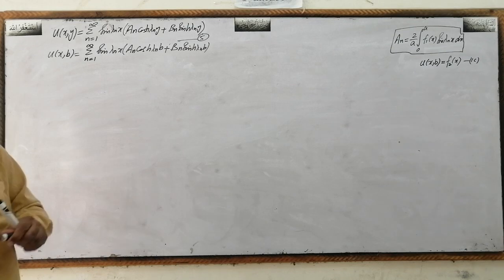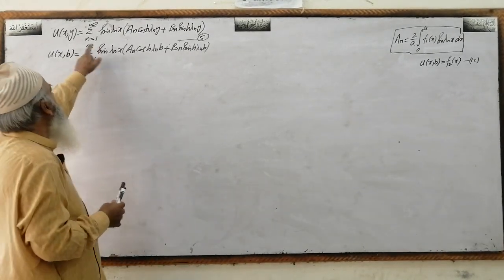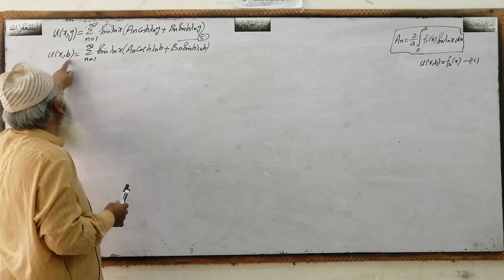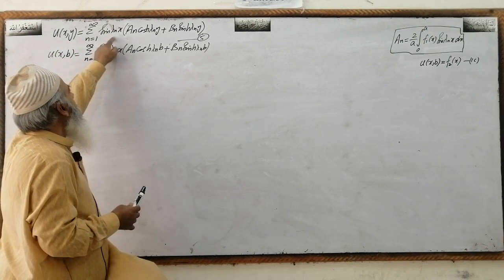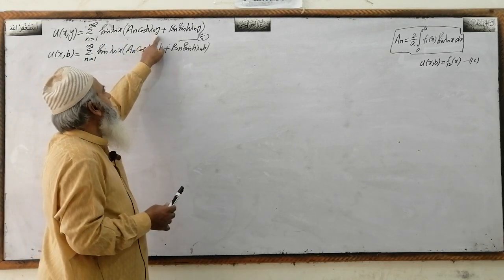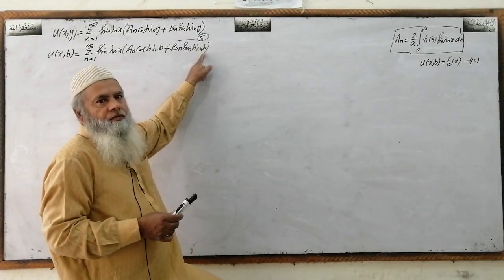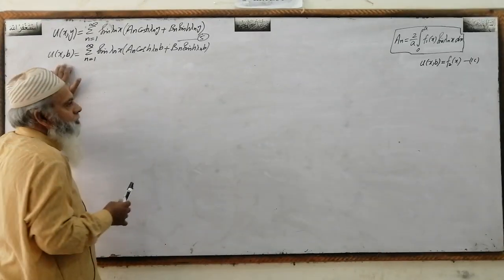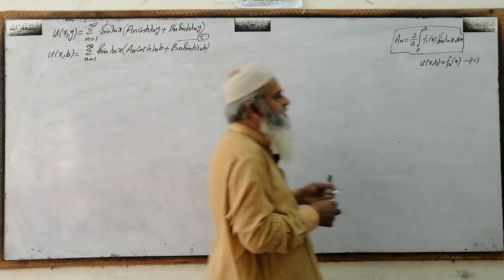What am I doing here? I am just putting y is equal to b on both sides. Putting y is equal to b, we get u(x,b), and here sine lambda n x will remain as it is, and y is replaced by b. Once again y is replaced by b. Now as you know, this u(x,b) is equal to f2(x).